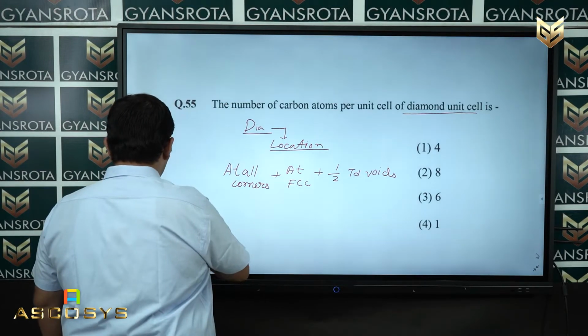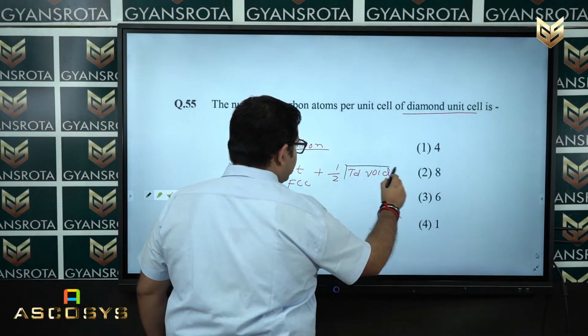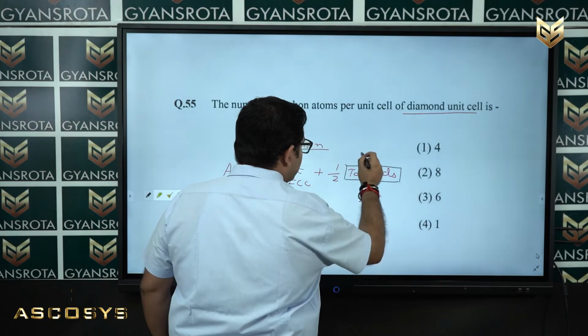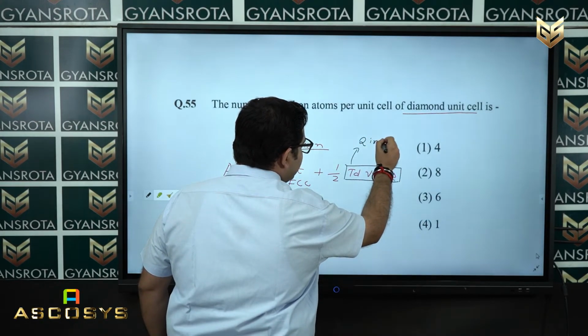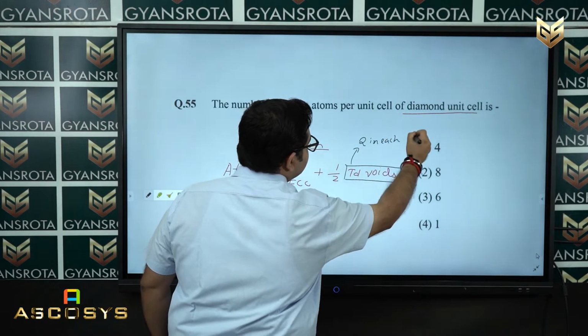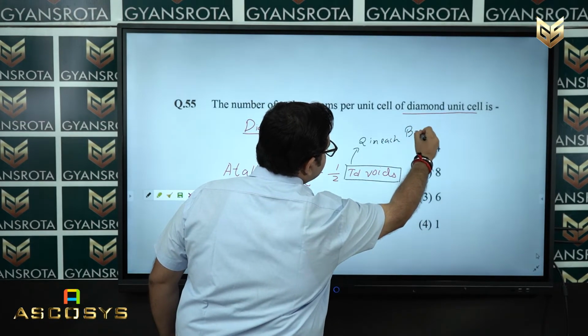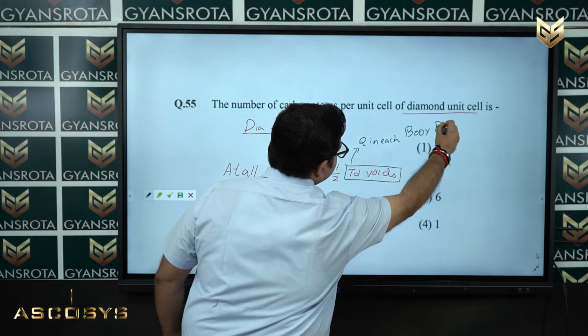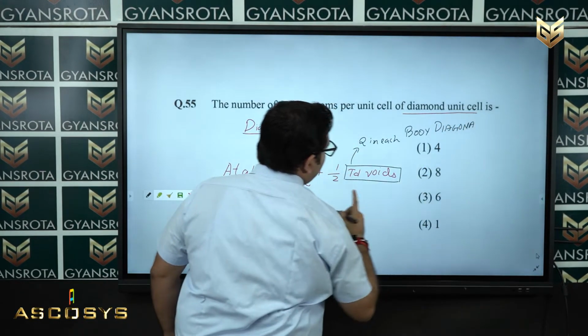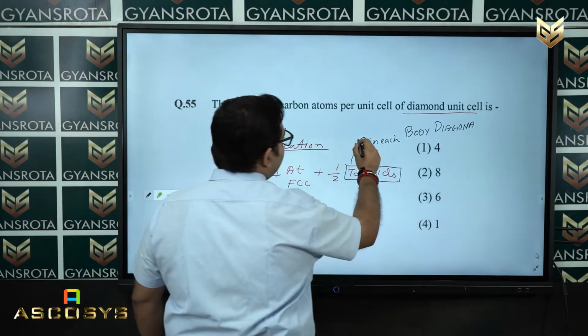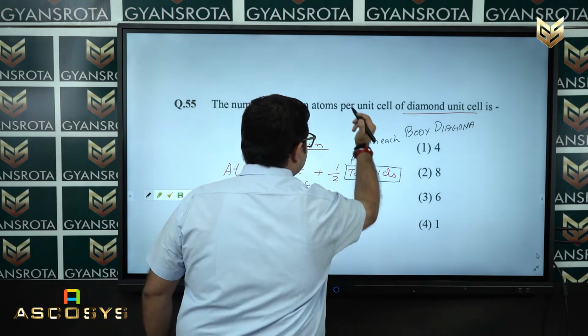Now the location of the tetrahedral voids is important. Okay. So it will be present, 2 in each body diagonal. Meaning in one body diagonal, 2 tetrahedral voids are present.